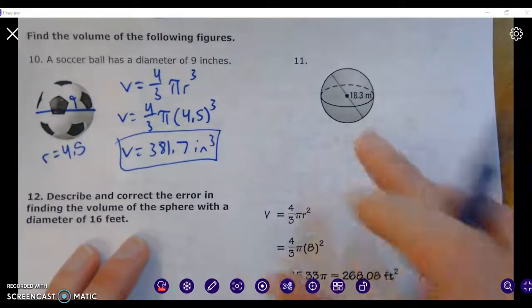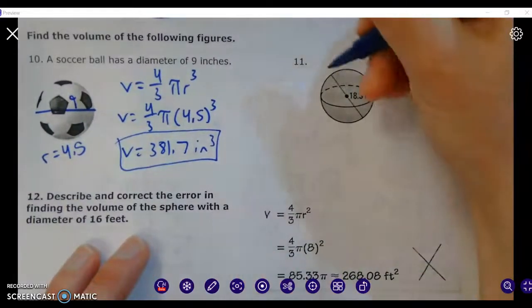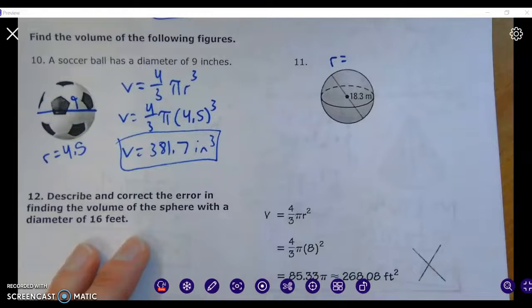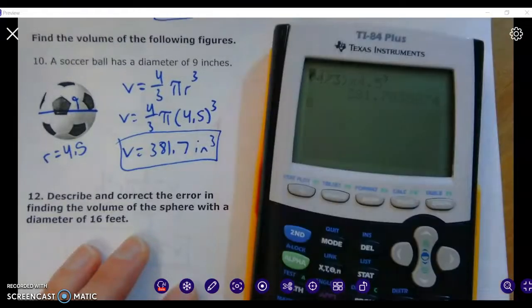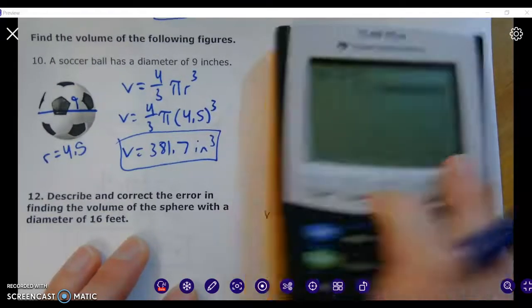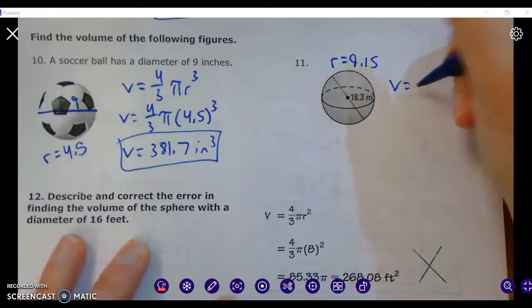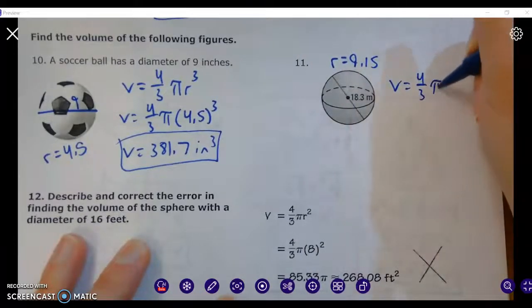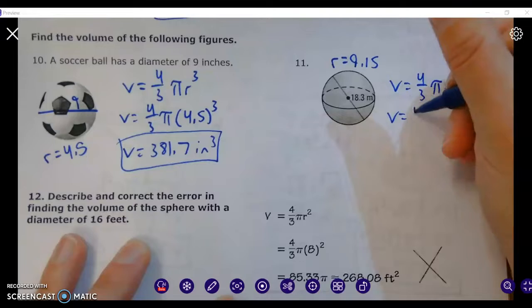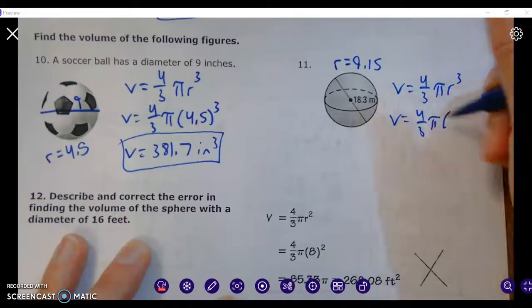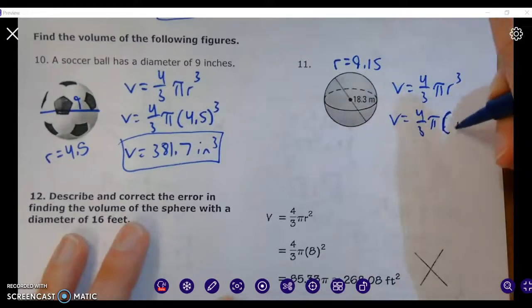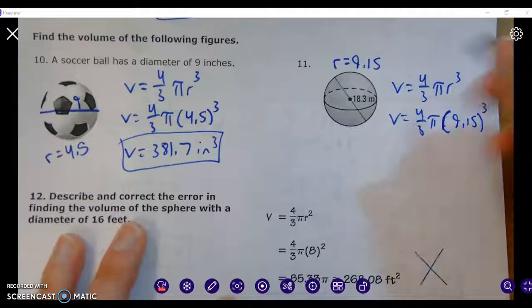Okay, number 11 is another sphere. So this line goes all the way across. So our radius is half of 18.3. So 9.15. Okay, so here's our formula. So our radius is 9.15 cubed.